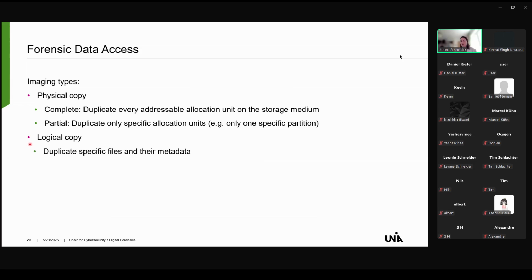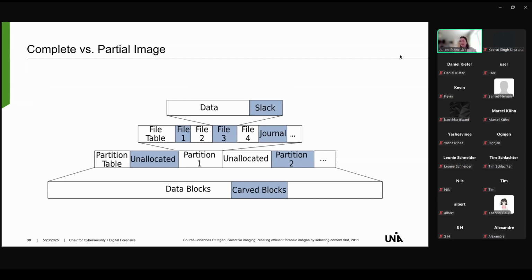And you can also do logical copies where you only duplicate specific files and the metadata. So for the partial duplication, you copy the file, but you also document the whole abstraction hierarchy, like what the file is embedded in. So that's the partial imaging.